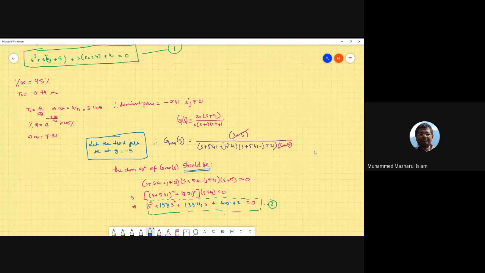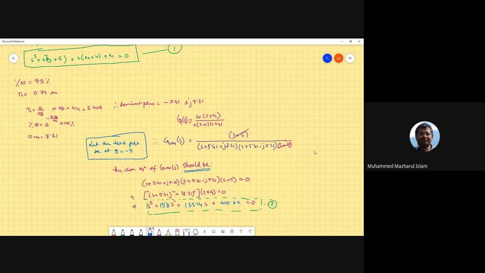So now I can compare each parameter. Both should point to the same system. In the first equation we used feedback gains of the states, and in the second one we actually used the requirements to get the equation. So now we can just compare.